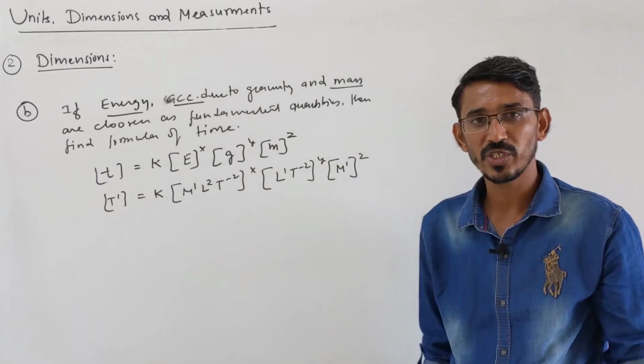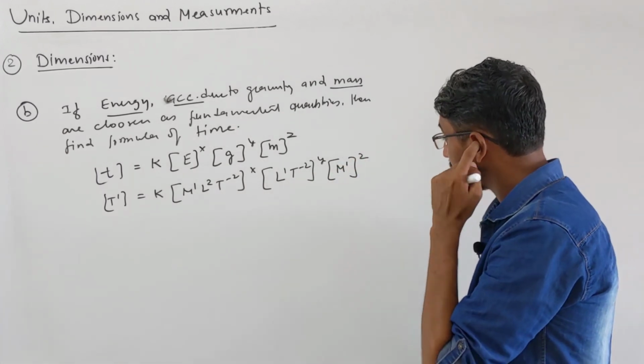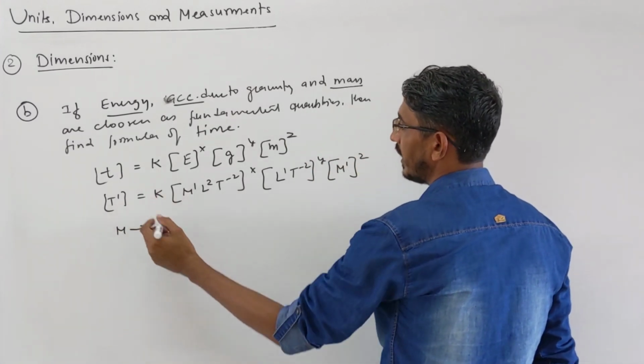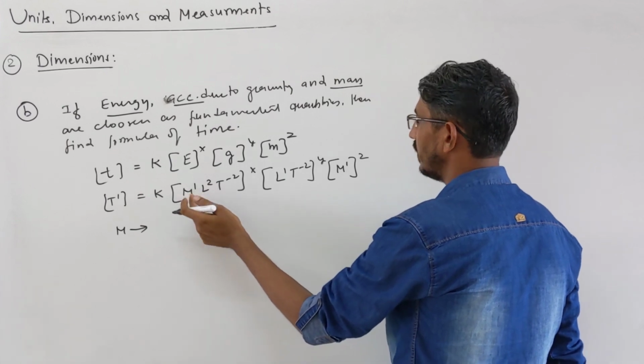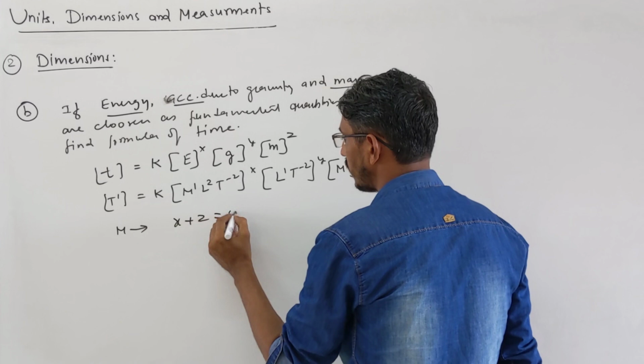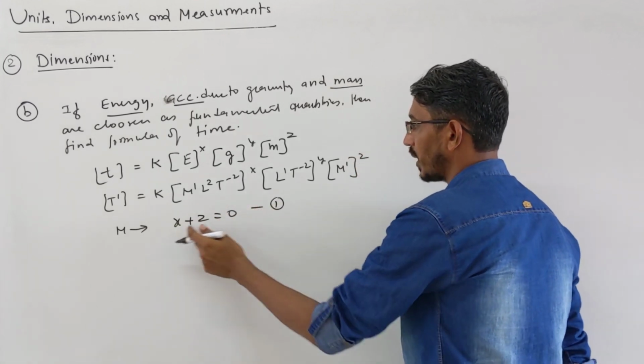Next step, compare dimension on both sides. Mass dimension: there is no mass on this side, this side m power 1, so x plus g is equal to 0, equation 1. Both are unknown to us.